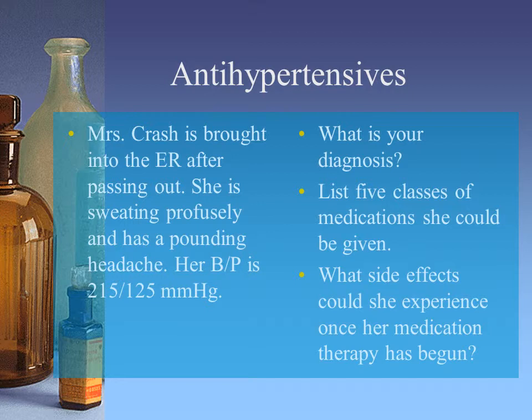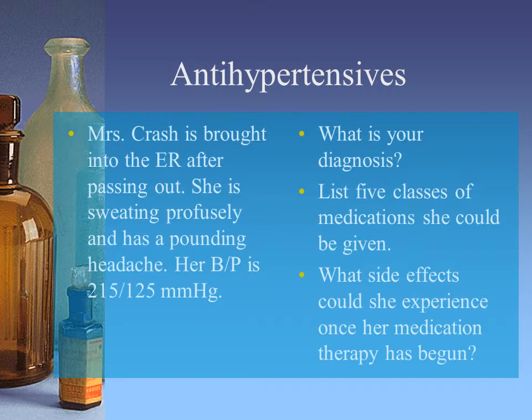So let's take a look at a case study here and think through this a little bit. Mrs. Crash is brought into the emergency room after passing out. She is sweating profusely and has a pounding headache. Her blood pressure is 215 millimeters of mercury over 125 millimeters of mercury.